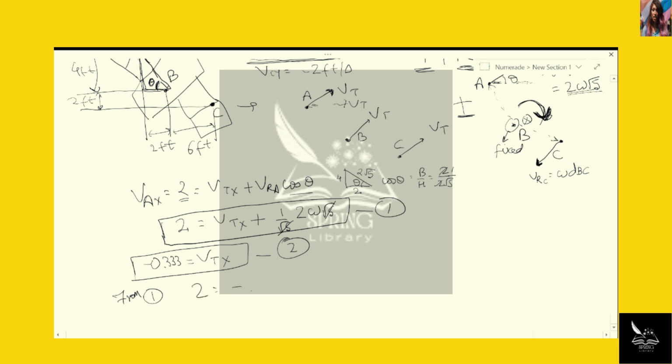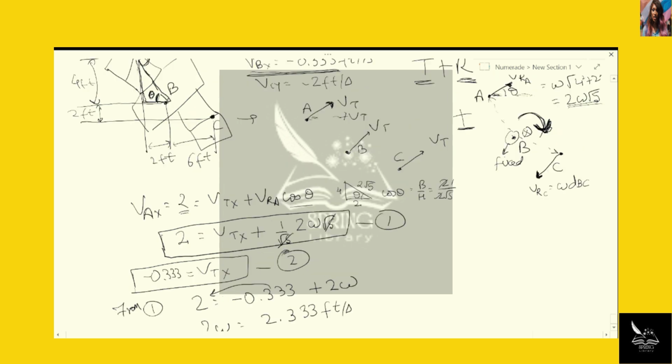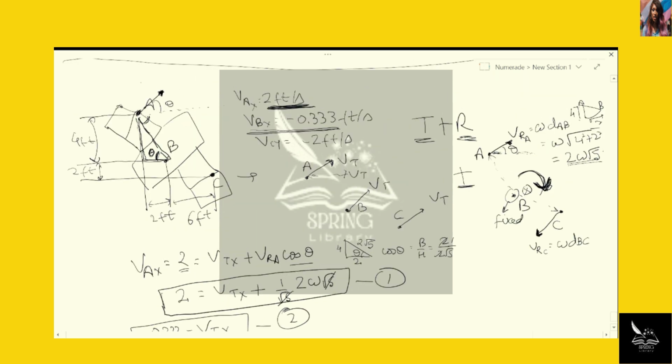2 equals, now we know VTX, minus 0.333 plus 2 omega. So this tells us that 2 omega equals 2 plus 0.333. This will become plus after going left. This is in feet per second, and I should have mentioned that this distance we calculated was in feet, because these were feet squared. So this was feet.